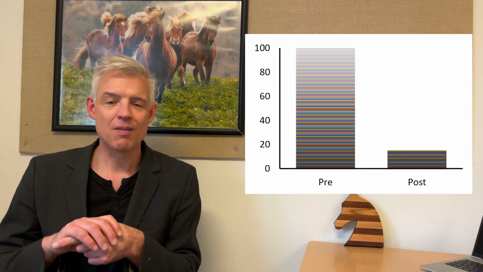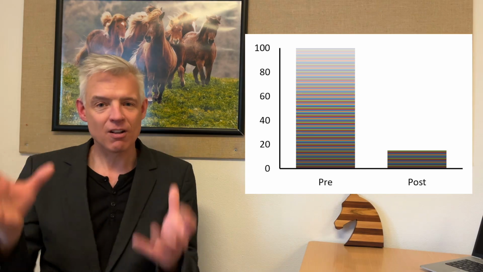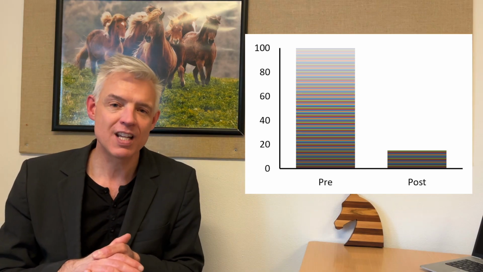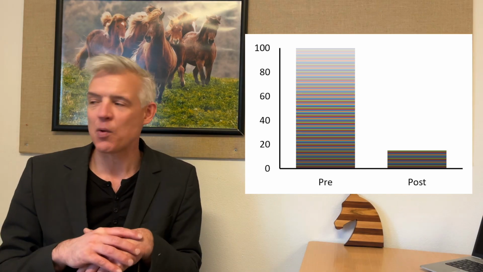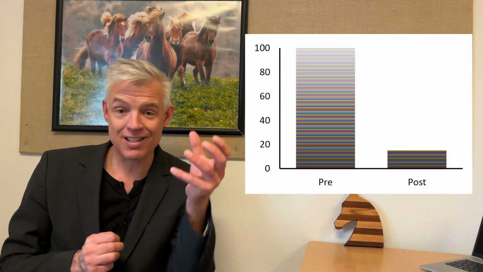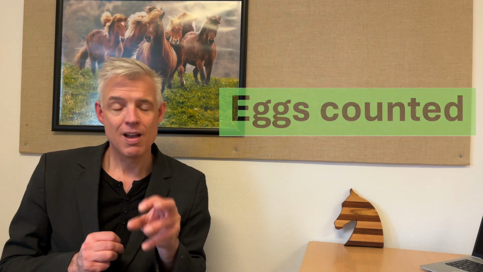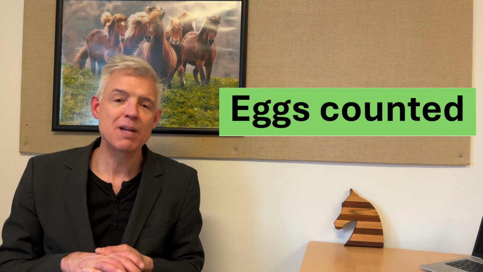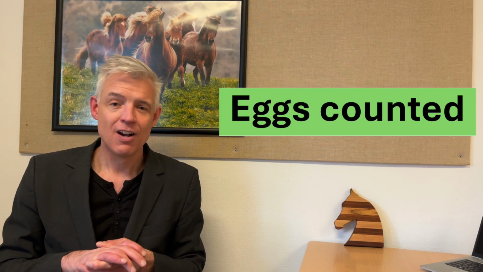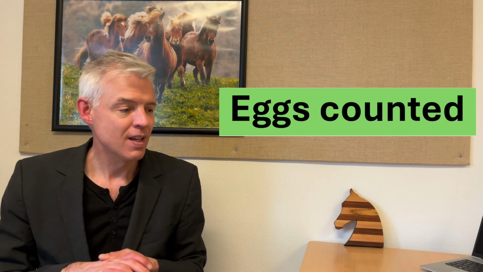We can get a much more granular view of what that percent reduction is, and we can address the question that we're asking, which is, well, is this percent reduction different from the expected or not? So eggs counted, and we have recommendations for that in the back of the guideline paper as well.